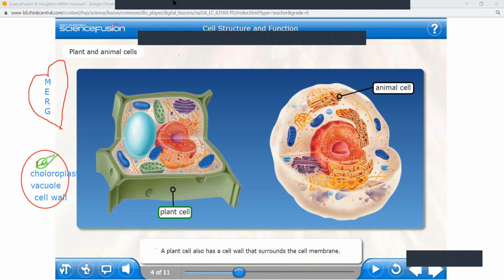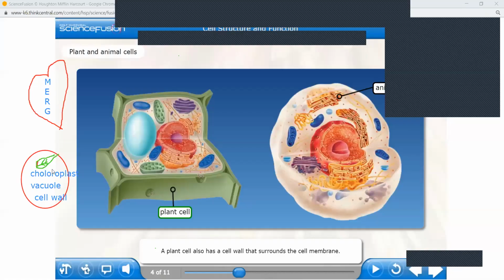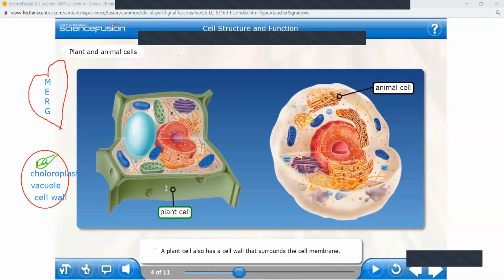Okay, close. Chloroplast, vacuole, cell wall. This is only in plant cell.